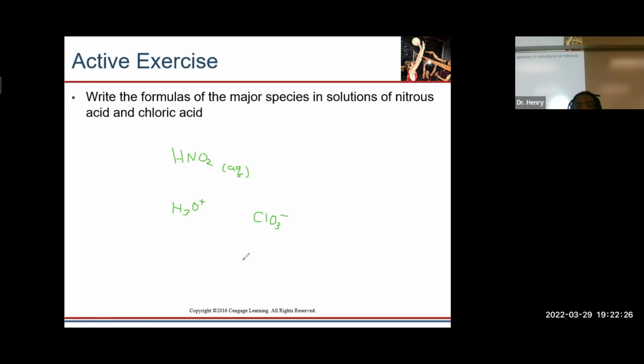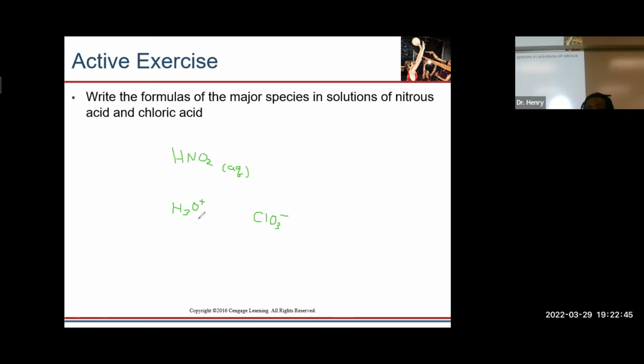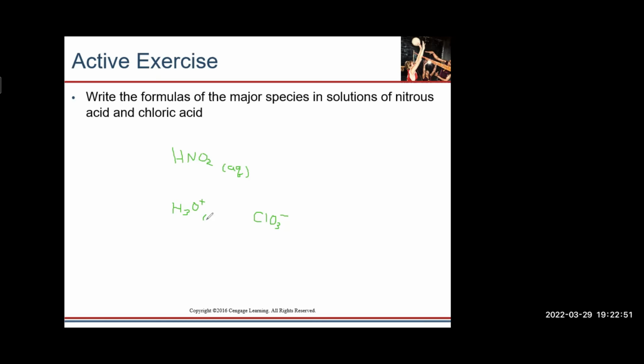Because we know it's chlorate, right? If it's chloric, it has oxygen. Otherwise we call it hydrochloric acid, which is just HCl. And so of course aq.